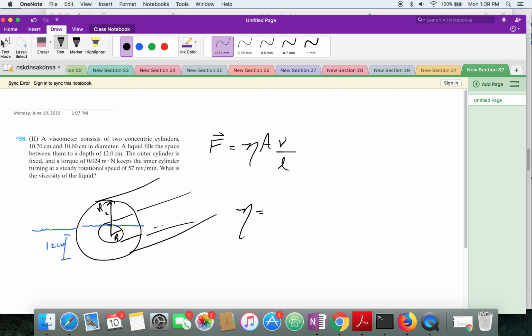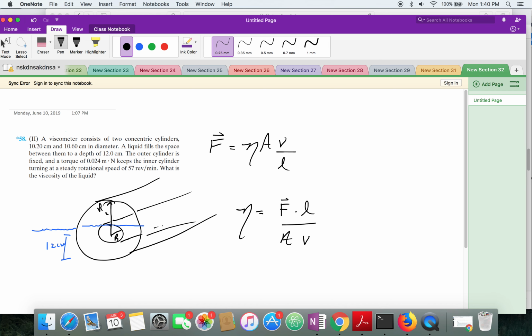If I rearrange stuff here, eta is equal to the force times L, the length that it's moving through, over the area times V, the flow speed.